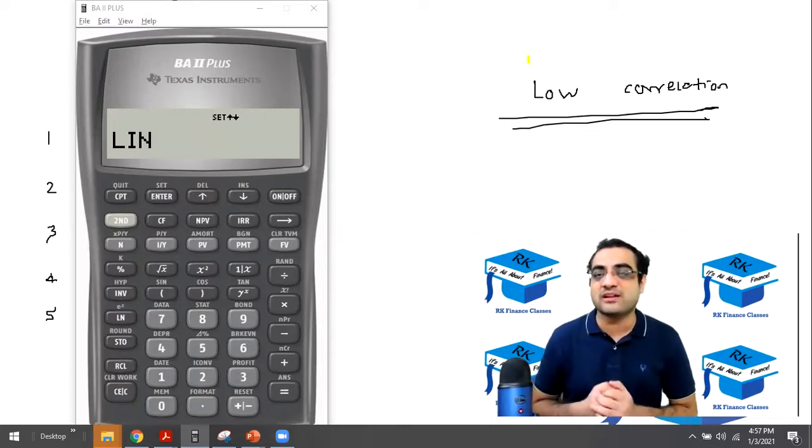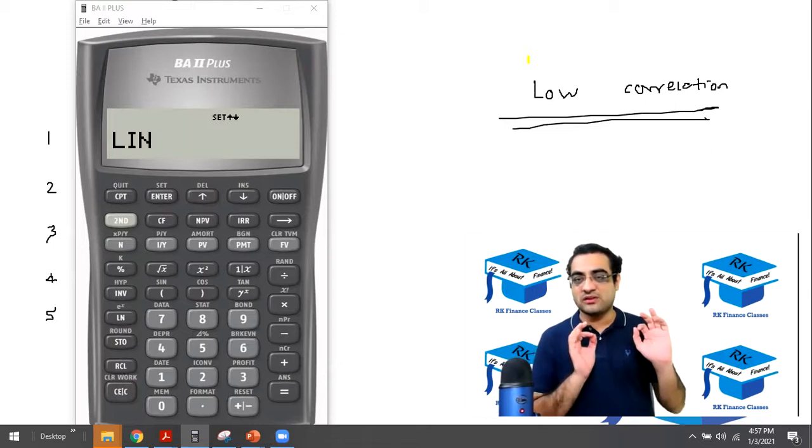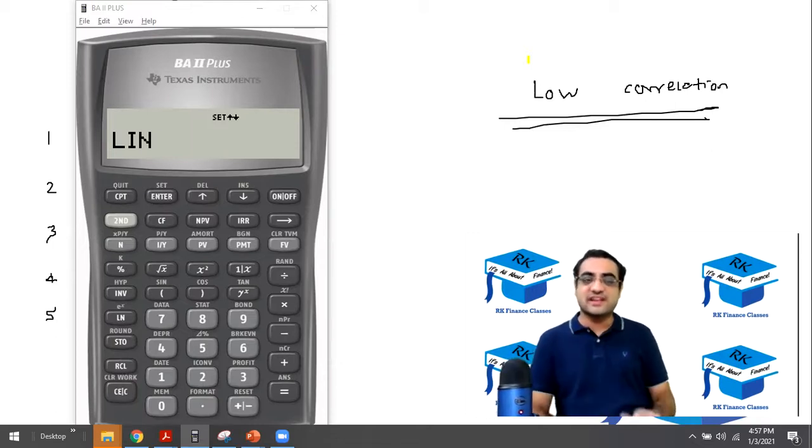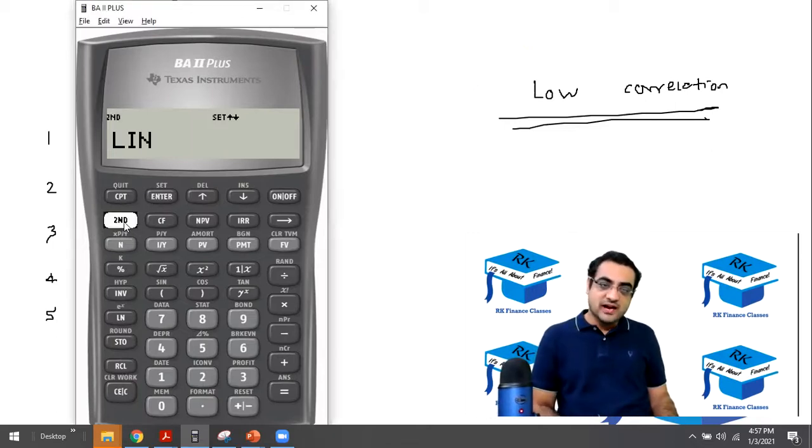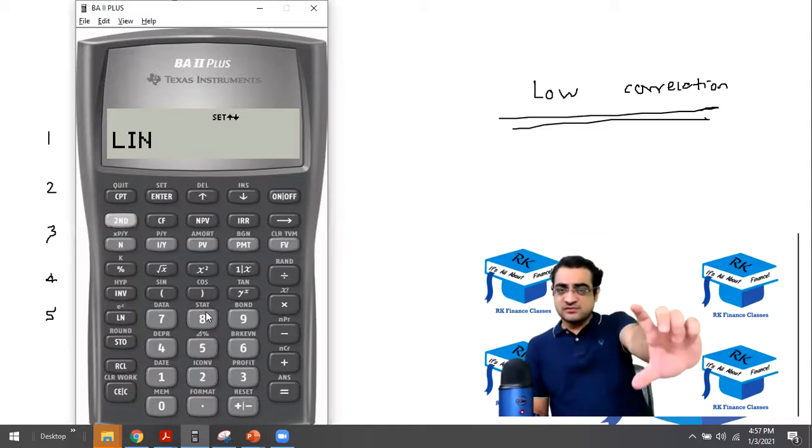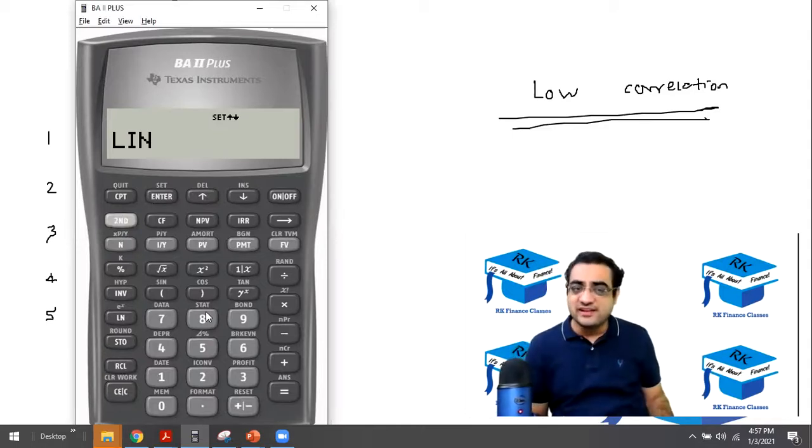There are many people who raised hand. Okay, so listen carefully. After pressing 2nd and 8, if you're not getting LIN on your screen, then you have to get it by pressing 2nd and enter. You have to keep pressing 2nd, enter, 2nd, enter till you get LIN.